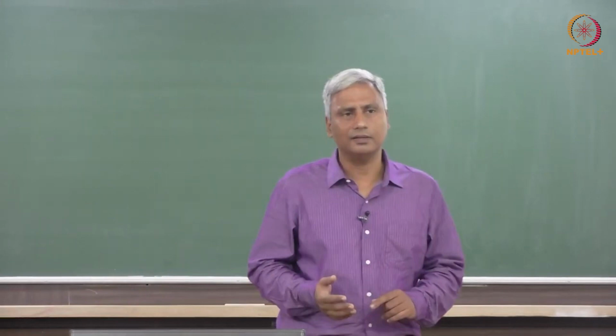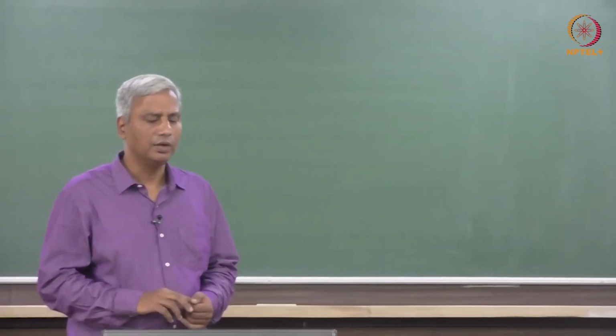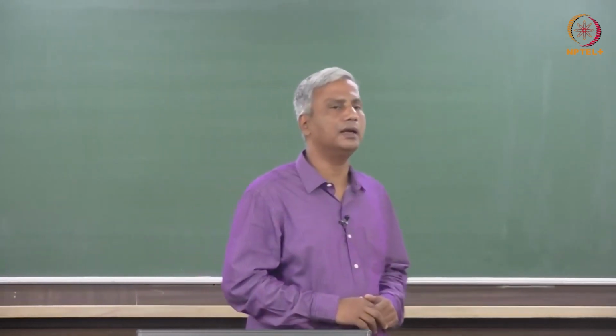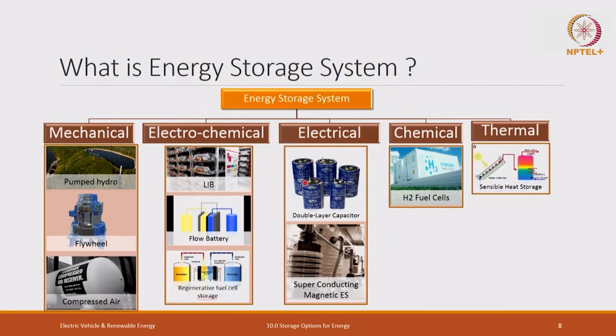Another thing frequently used in electrical storage is superconducting magnetic energy storage. Here, with capacitors or supercapacitors we store capacitive energy. Using superconducting magnetic energy storage, we store inductive energy. The form is different, but at the end it works out to be an energy storage.